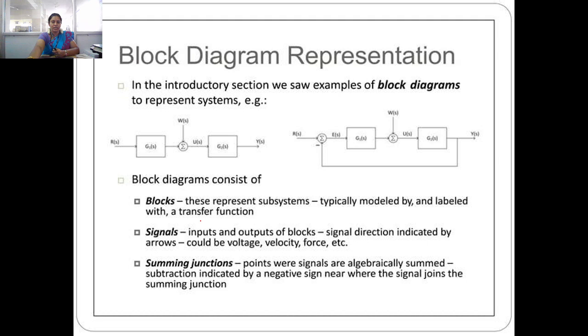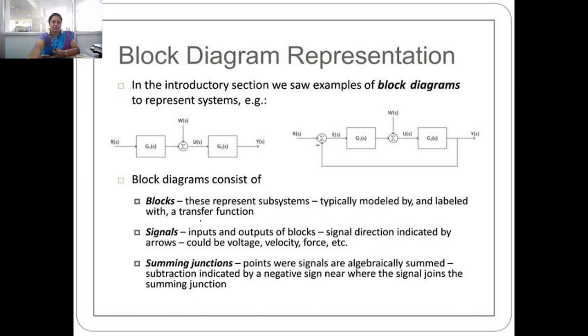It could be a voltage, force, velocity and so on. The next one is a summing junction, that is all the points connected together, which is called a summing junction, an algebraic sum.